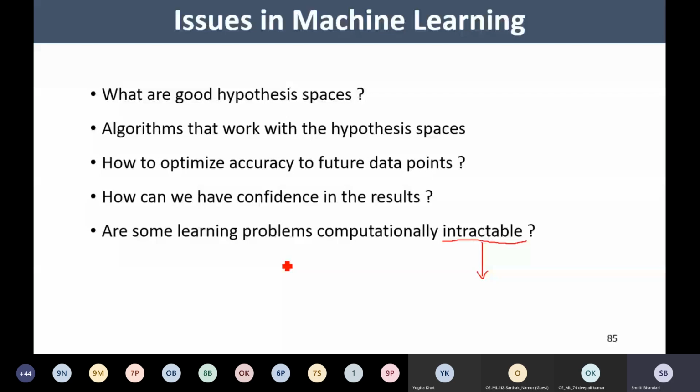So based on all those points, we need to pick the best possible algorithm. During the discussions, we are going to consider all those issues, and we are going to pick up the best model that is suitable for solving the problem.